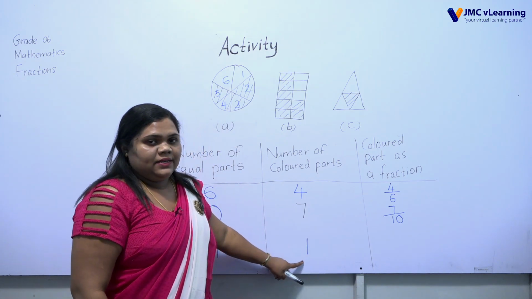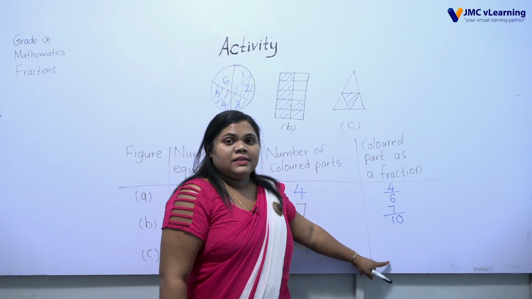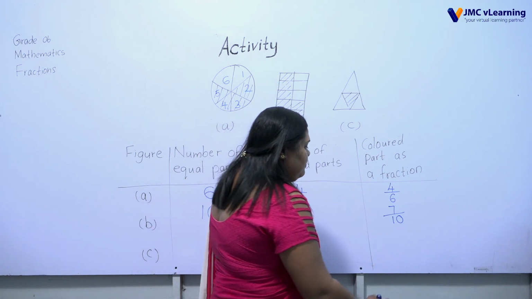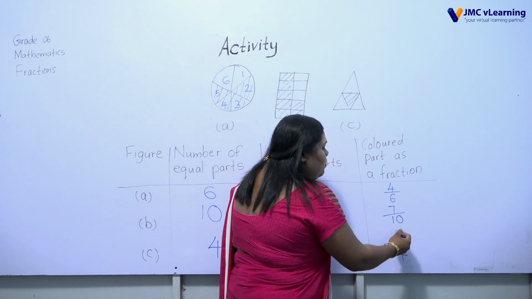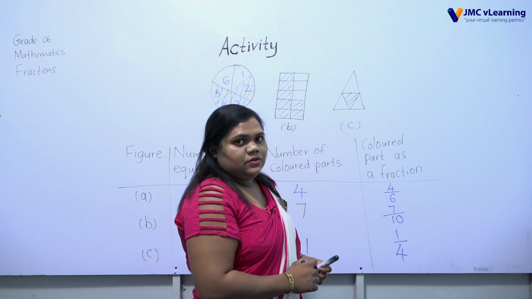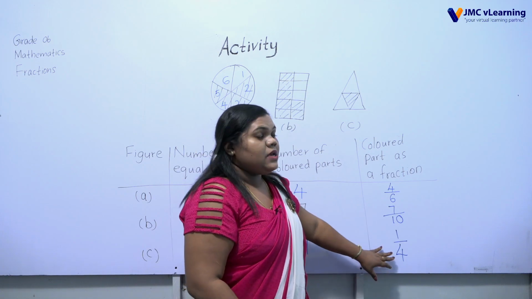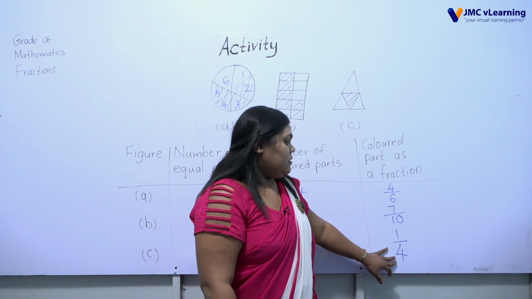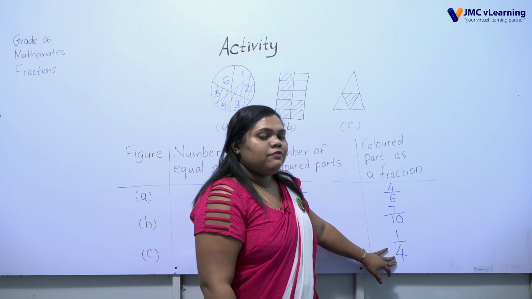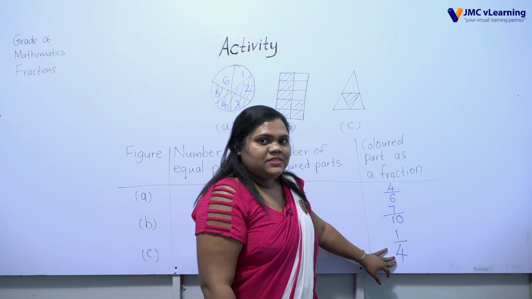So you have to put 1 here. Now we want to write that one as a fraction. There are 4 parts and 1 part is colored. So we can call that one 1/4 or 1 out of 4. Are you clear, children?